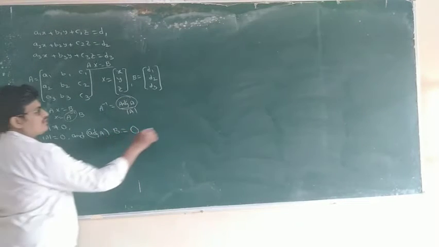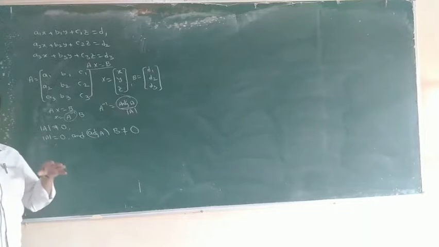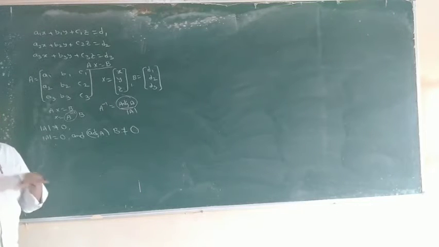Both are 0 means this is consistent with infinitely many solutions. If determinant of A equal to 0 and adjoint A into B not equal to 0, this is inconsistent. Inconsistent means no solution. The system of linear equations has no solution.